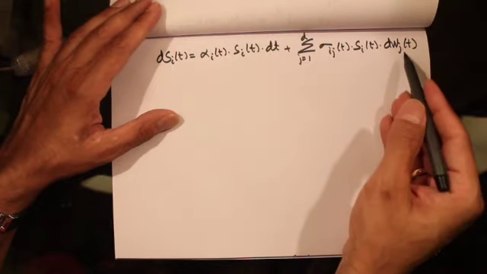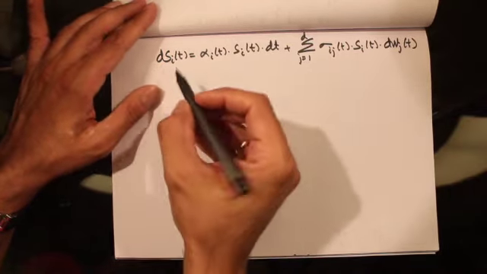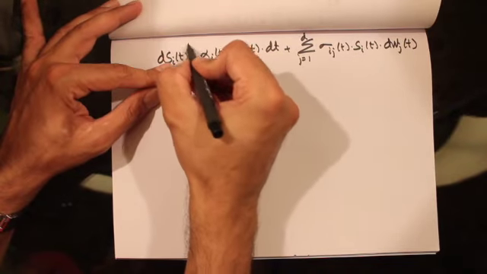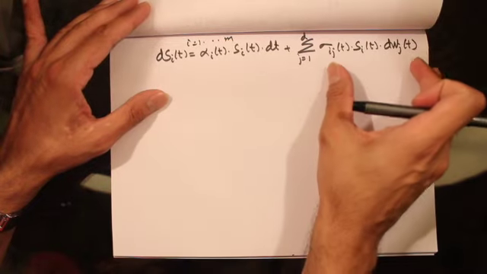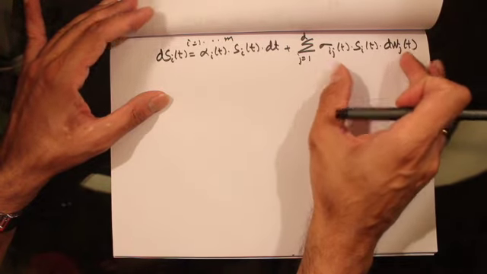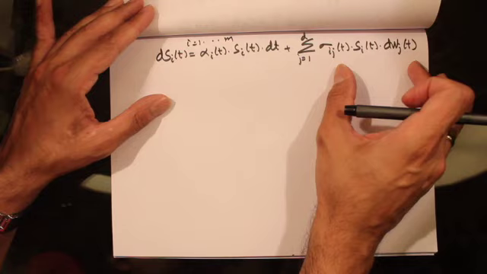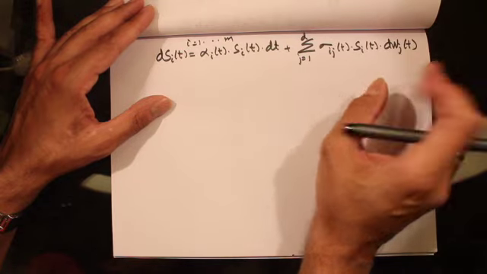So we had d Brownian motions driving these stocks, and i goes from 1 to m. So we have m stocks, and each stock is driven by d Brownian motions, or a d-dimensional Brownian motion.